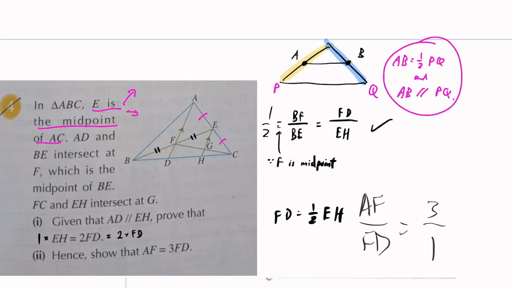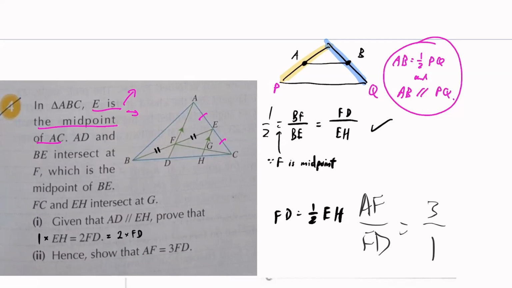AF over FD equals 3 over 1. Okay. That could work, yeah. Which triangle am I supposed to use? You haven't made use of point E. ADC.